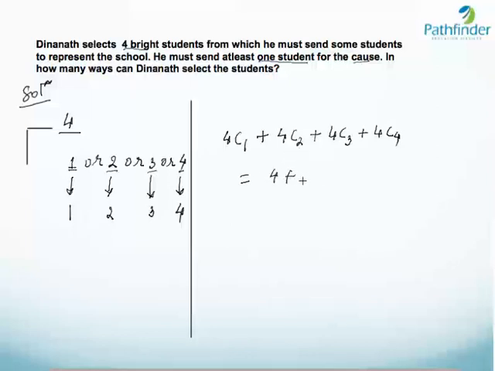So we have 4 plus 6 plus 4 plus 1. So 10, 14, plus 1. In 15 ways, Dinanath can select the students for representing the school.